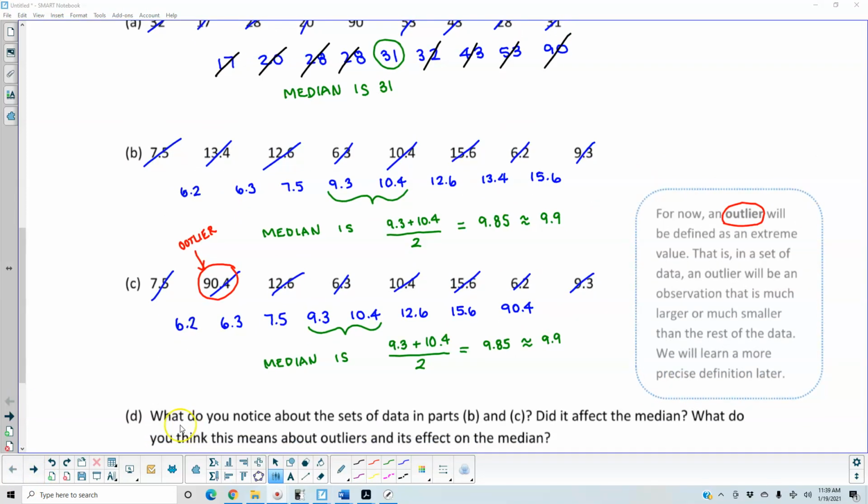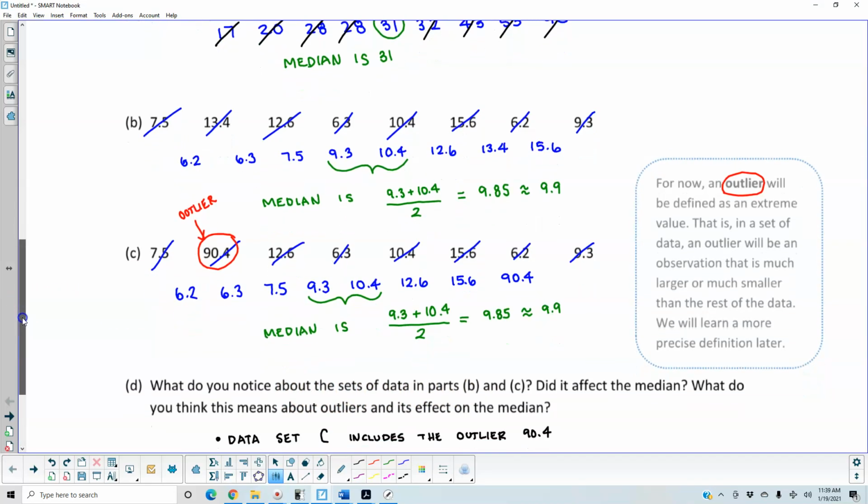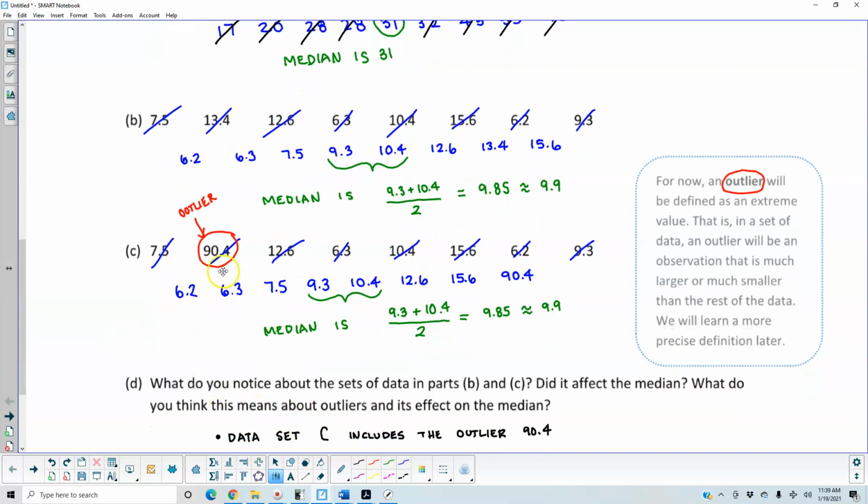In part D, it says, what do you notice about the sets of data in parts B and C? Did it affect the median? And what do you think this means about outliers and their effect on the median? Well, data set C includes the outlier 90.4, which we pointed out.